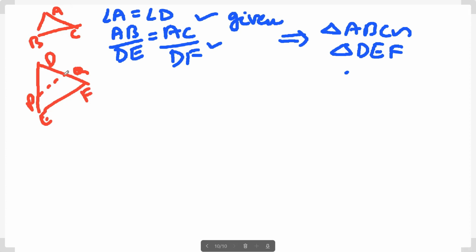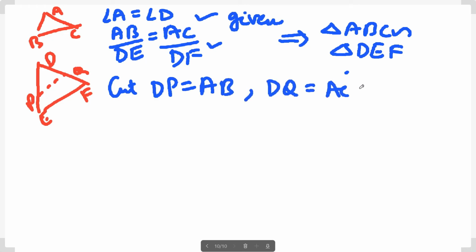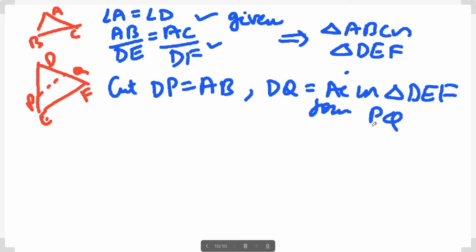So again we have cut the same thing, DP equal to AB and DQ equal to AC in triangle DEF. Join PQ. Now we know that PQ is parallel to EF.